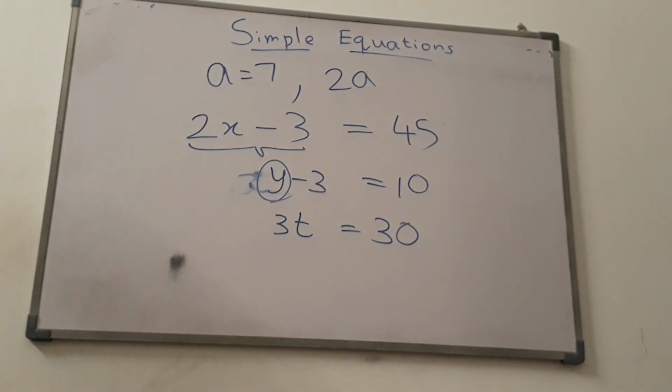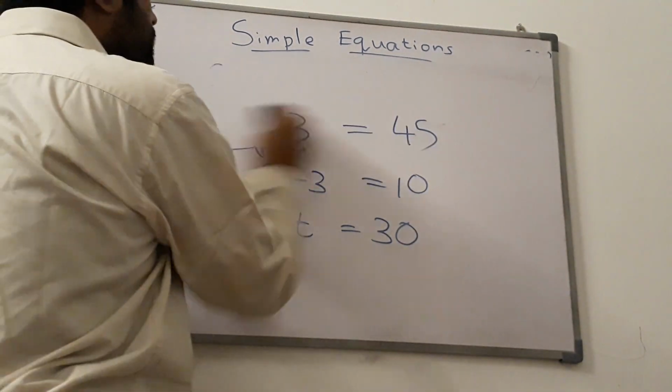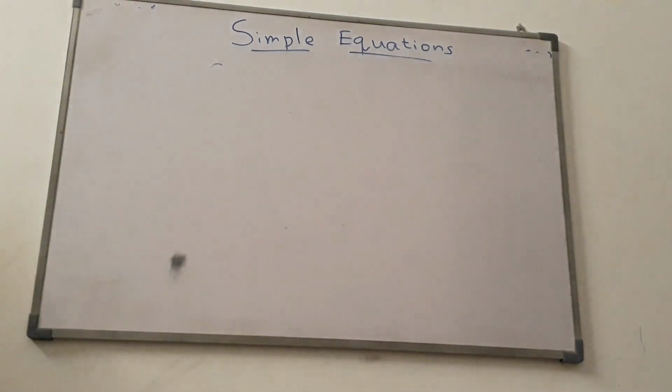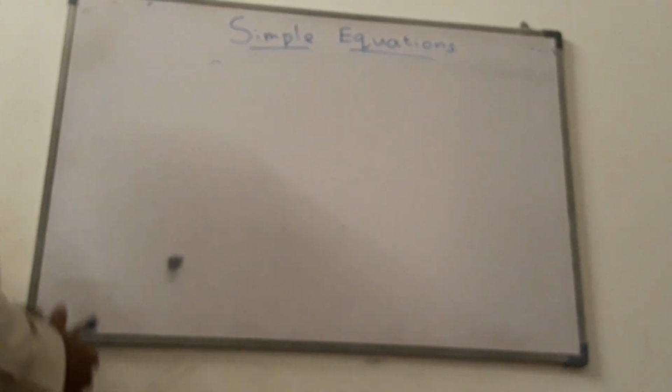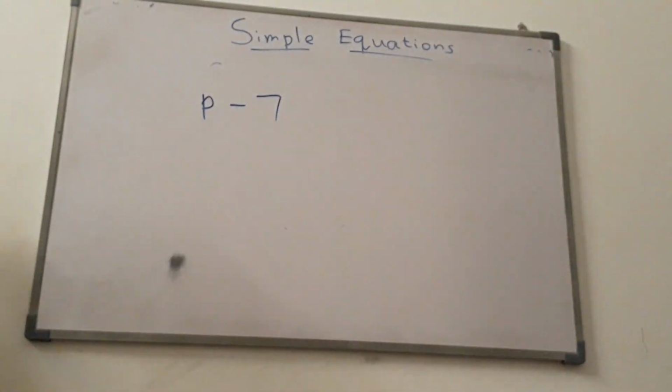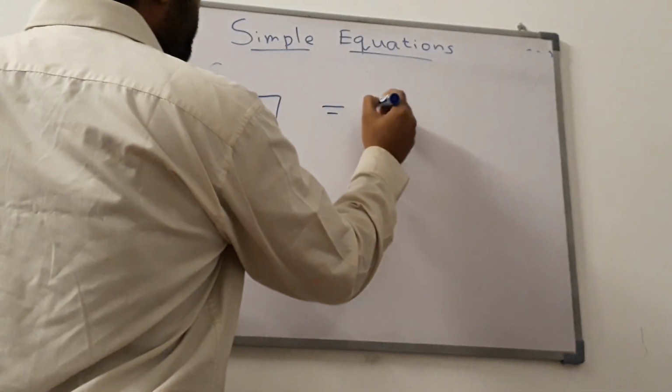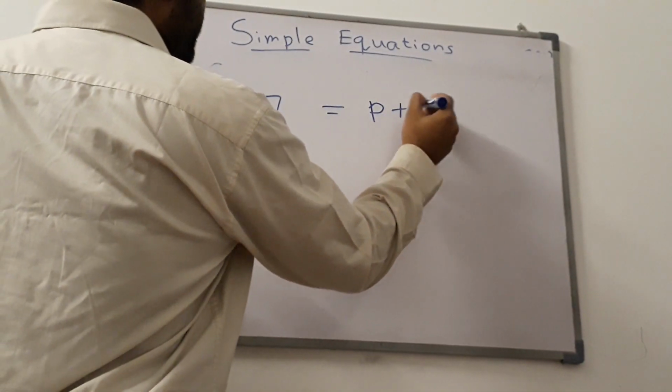And also, if there's a value of a certain expression such as p minus 7, or 2p minus 7, is also equal to another algebraic expression, for an example, p plus 8.